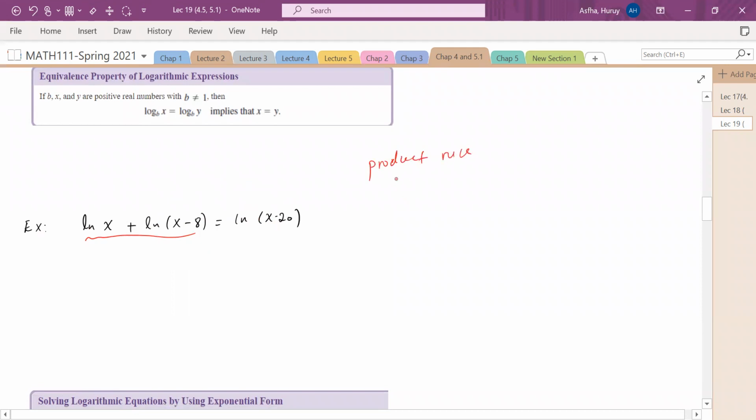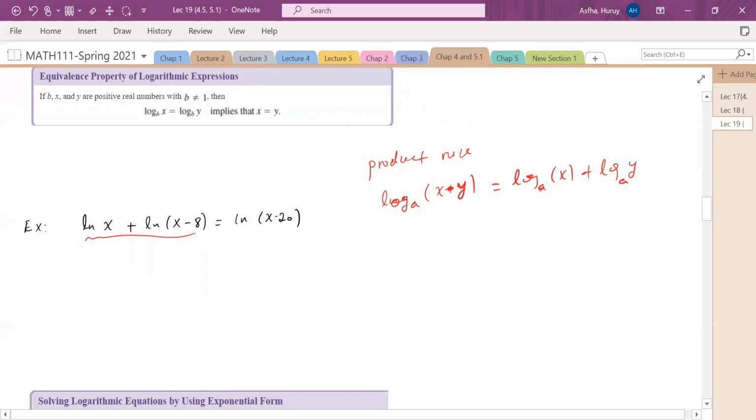And what does it say? Well, the product rule basically says if we have log to the base a of x times y, this is log base a of x plus log base a of y.